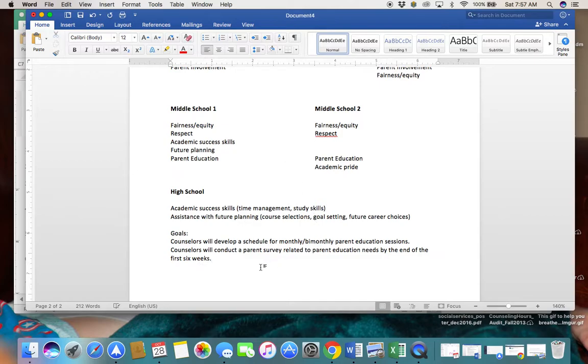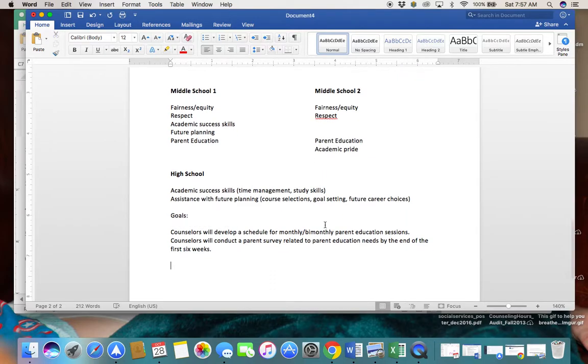The other thing that I see on this is the fairness and equity stuff. I think that calls for some teacher education, maybe just some discussion groups, a reading group, a book study of some sort. So I would look at maybe getting a little bit more information from students about what the fairness and equity issue is.